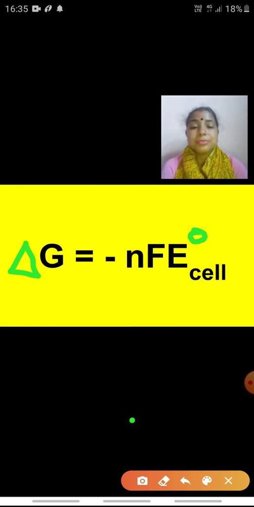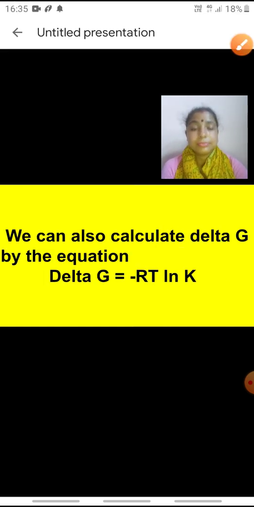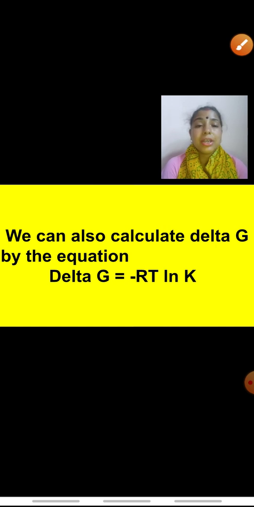Now children, we can also calculate delta G by using the equation delta G is equal to minus RT ln K, that is, by making use of the equilibrium constant K. You have to remember that if we convert this into log, we have to multiply by 2.303.